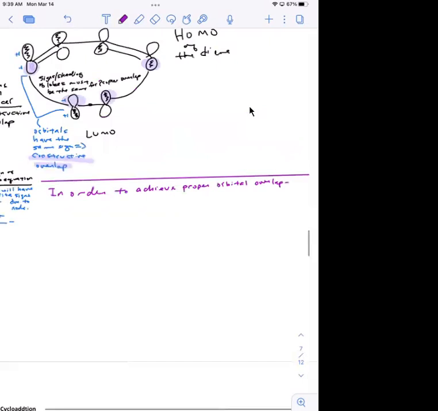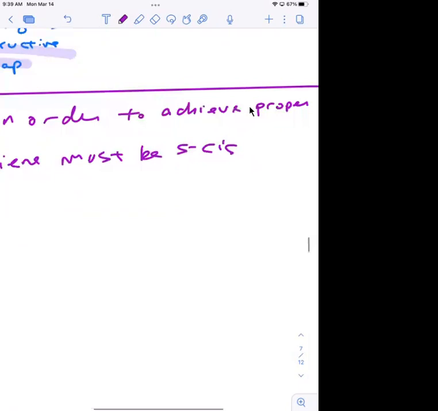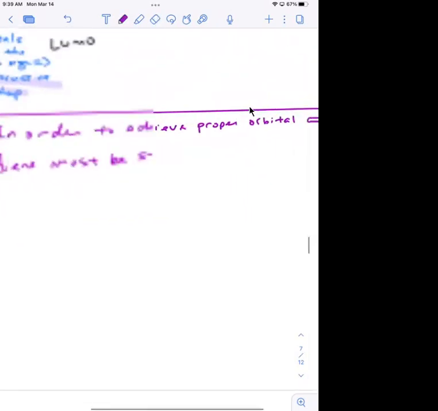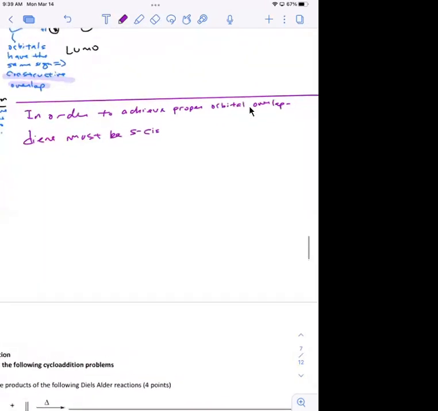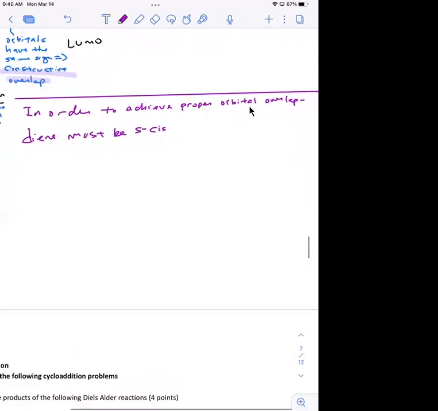So in order to achieve proper orbital overlap, your diene must be what we call S-cis. It must be in the S-cis conformation. And I'll show you exactly what that means. Give you a chance to write that down. So in order to achieve proper orbital overlap, the diene must be S-cis. That's a stereochemical conformation.